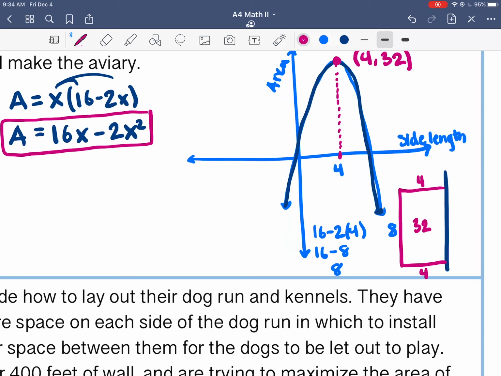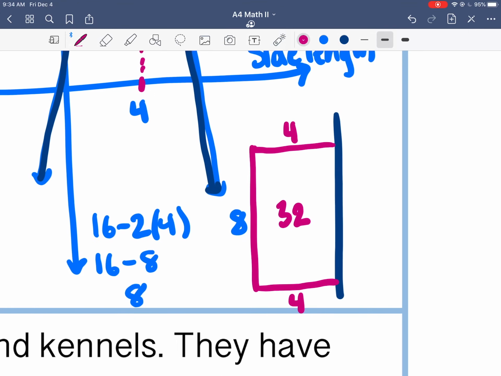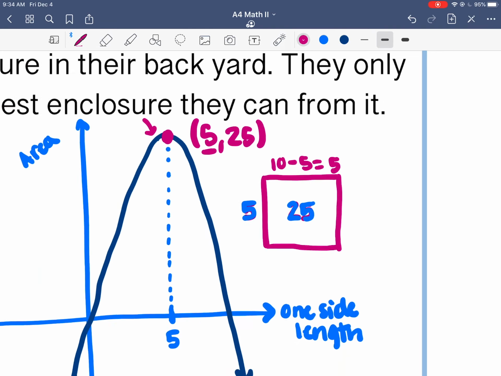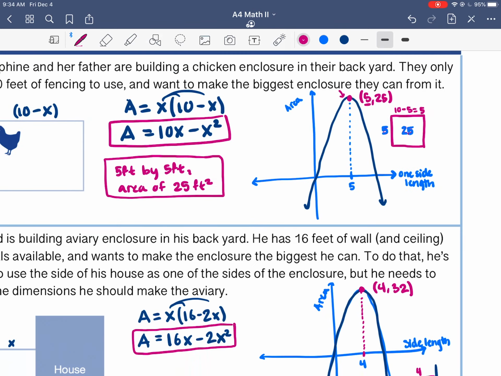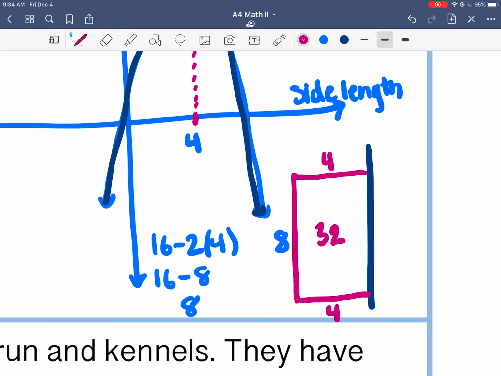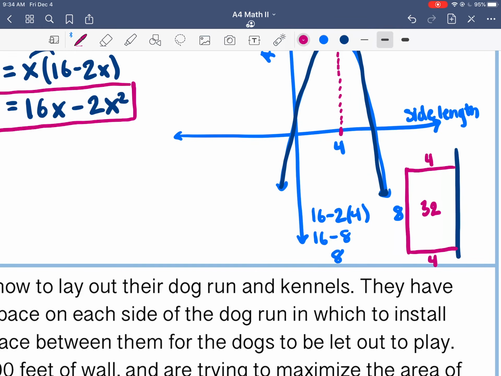It's crazy to me that this is an optimal area, and so is this square. Like, you would think that if a square has the optimal area, then it would always be a square, but it's not. This is a rectangle. It's got a side length of 4 and another side length of 8.